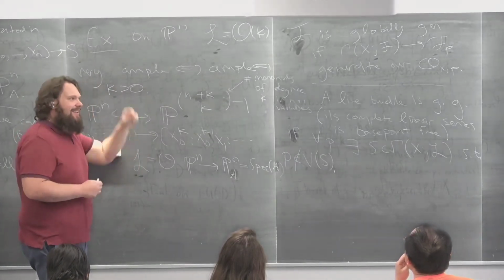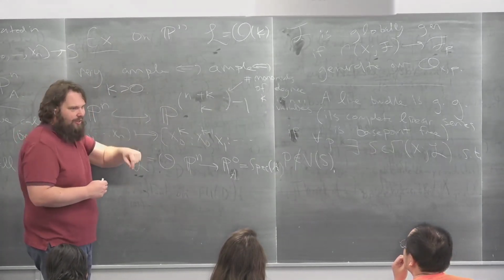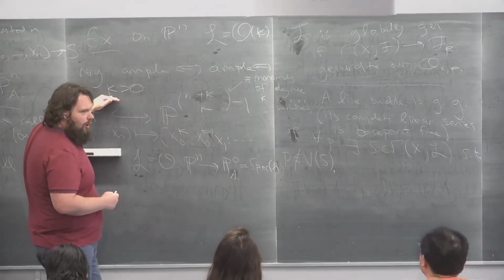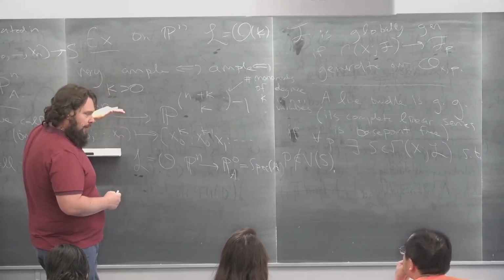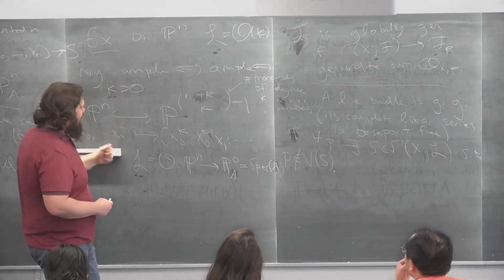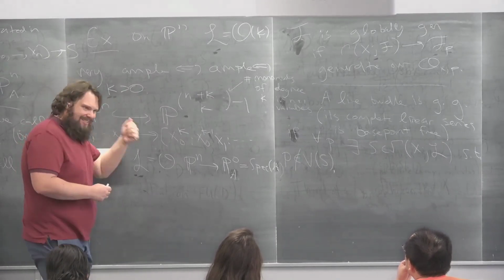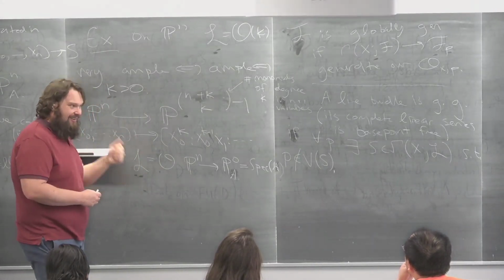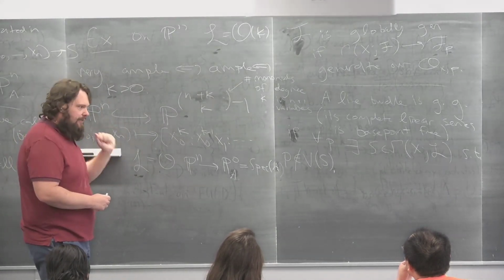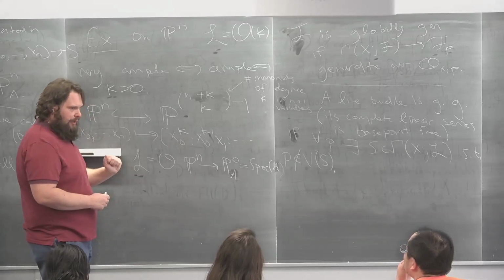At every point, there is a global section whose stalk there is not zero. For these, I have to choose different sections for different points, but there always is at least one section that has non-zero, or not just non-zero, non-vanishing stalk there, not contained in the maximal ideal times this one.